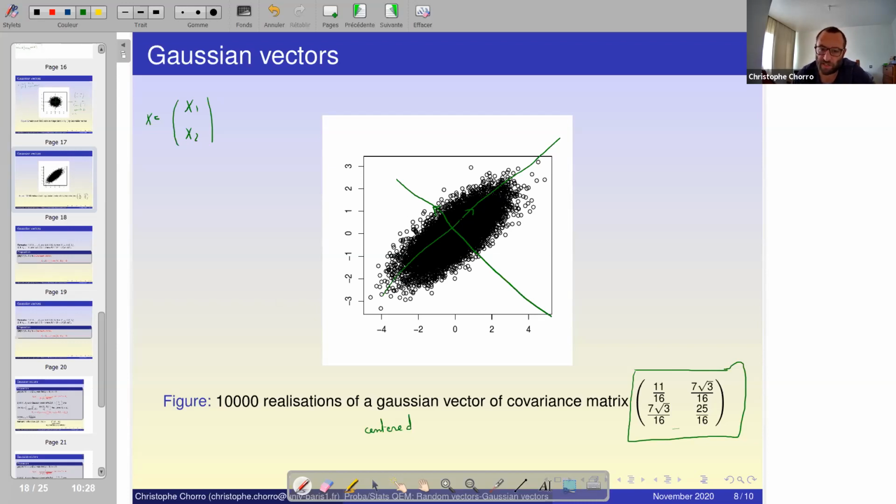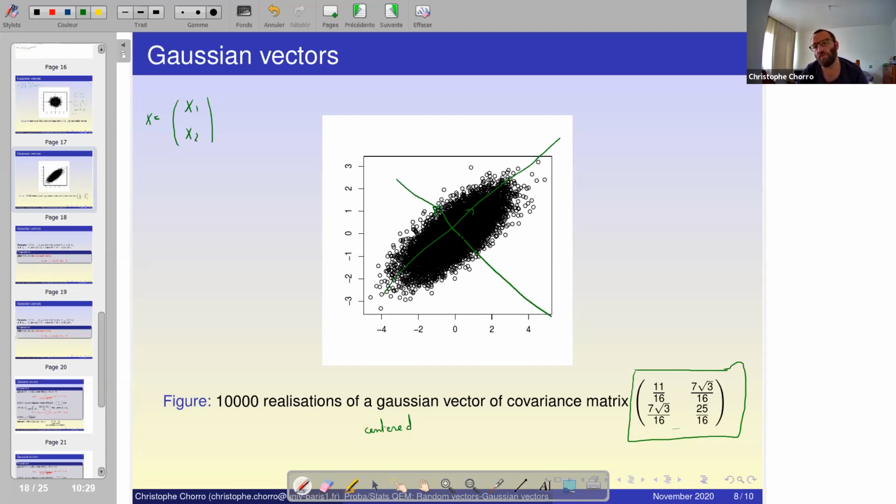And the distance here will be related to the eigenvalue related to this eigenvector, and the same for this one. And in this situation, the eigenvalues are not the same, contrary to what happened in the previous case. So that's why I don't have a circle in this situation, but I have an ellipse.